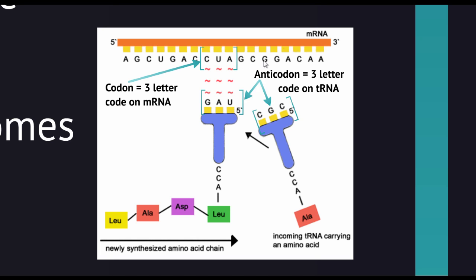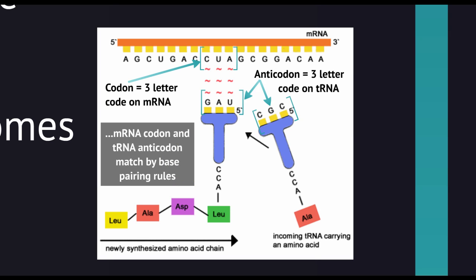And if you think about what will match up with that, what matches with G is a C, C would be a G, and G would be a C. And notice CGC, that would bond with this next anticodon. And so the code is saying the next thing we need is an alanine. So our messenger RNA codon and our transfer RNA anticodon are matching up by base pairing rules.